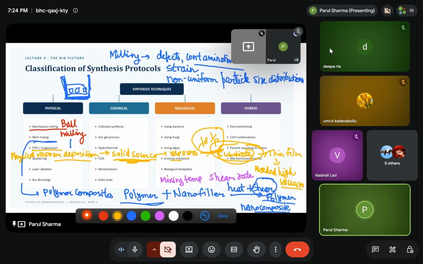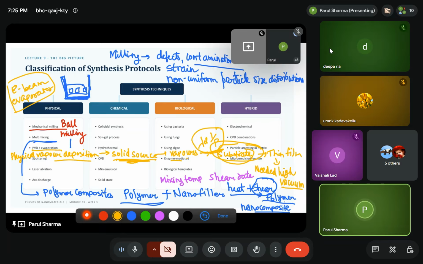There is also an instrument called the e-beam evaporator. So one is the thermal evaporator, in which we are heating through resistive heating, and the other one is electron beam, where electrons strike the target, so that's why it is melting.